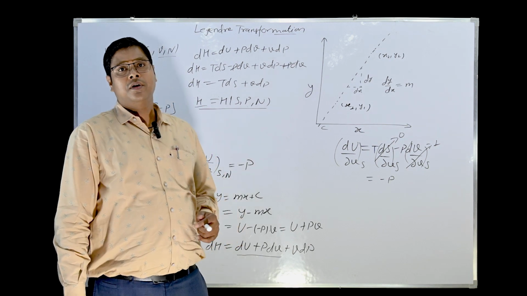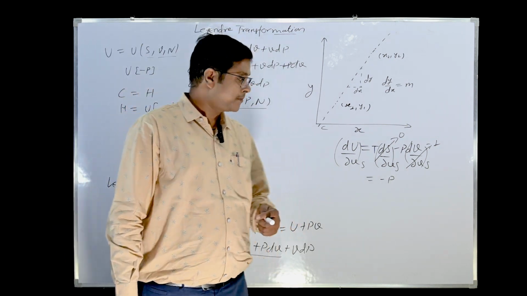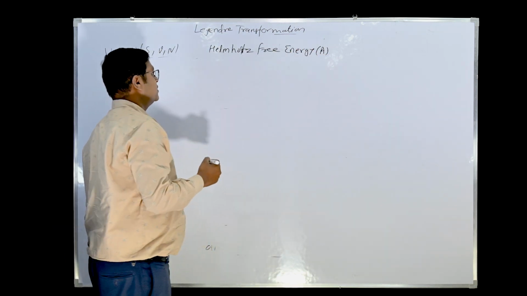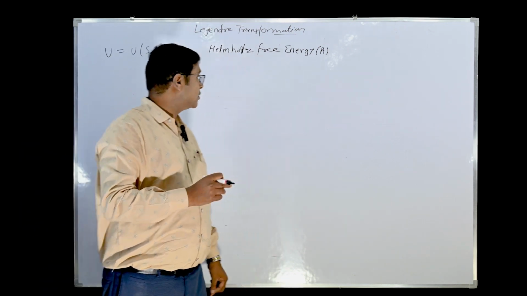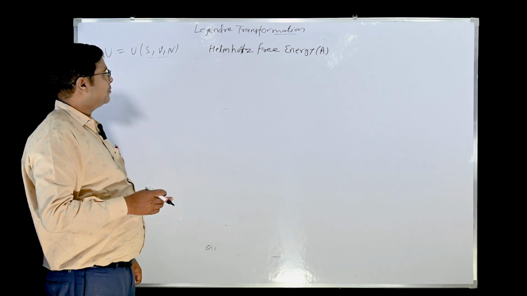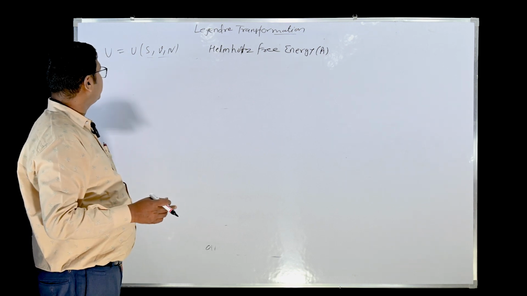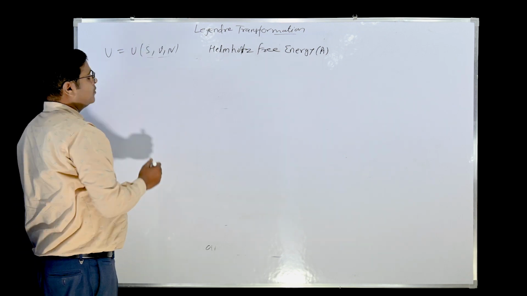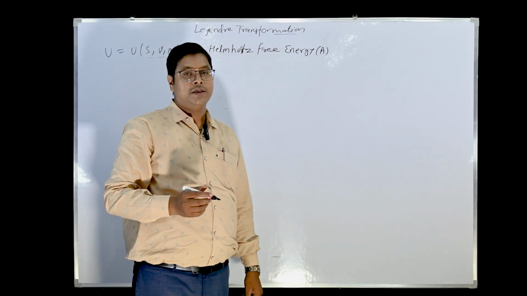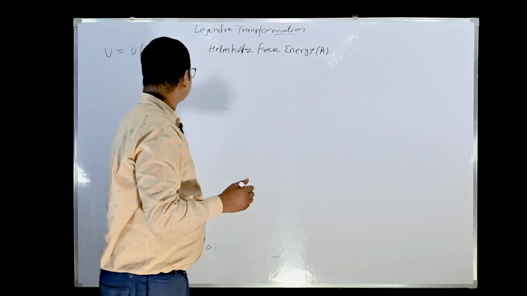Now we will see the same for Helmholtz free energy, which is represented by A. For the formation of Helmholtz free energy, we will replace the variable entropy with its corresponding property, that is the temperature.